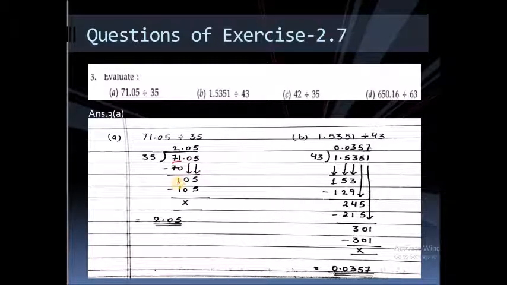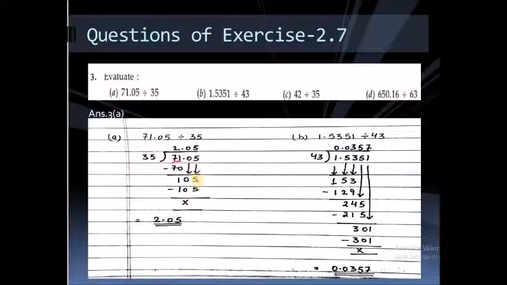It will become 10. Now, this 10 is not divisible with the table of 35, so I have to put 0 in the quotient because 10 is not divisible. When I put this 0 here, then only I can note down my next digit. Okay. So when I put 0, I can now note down my next digit here.